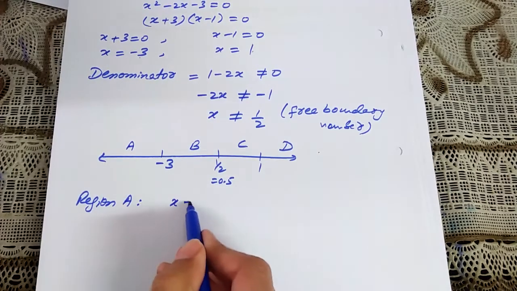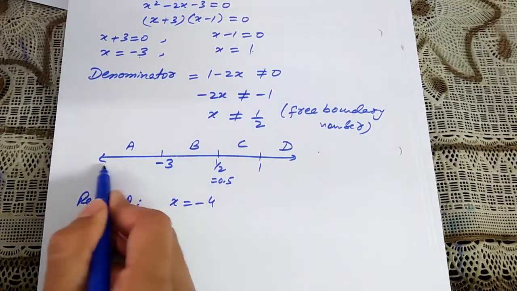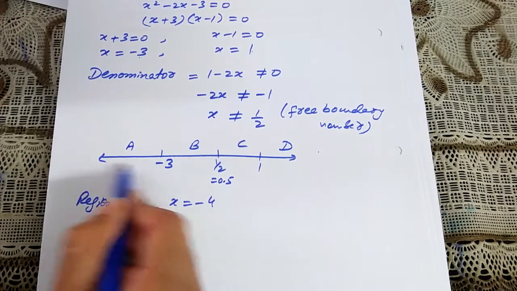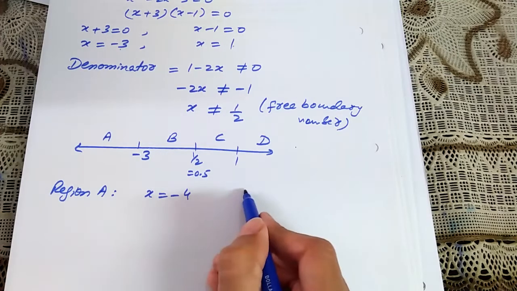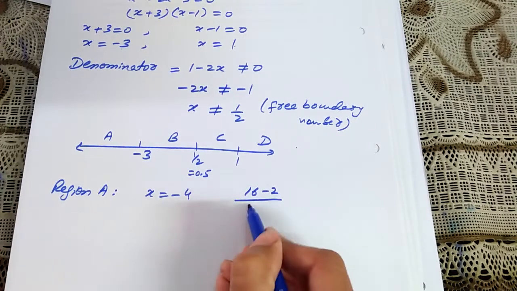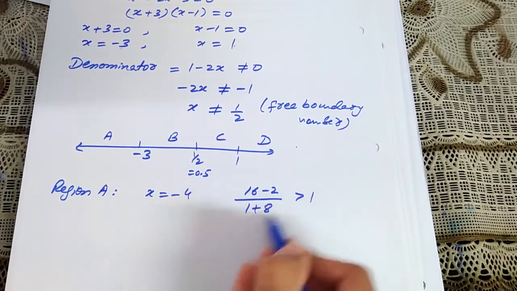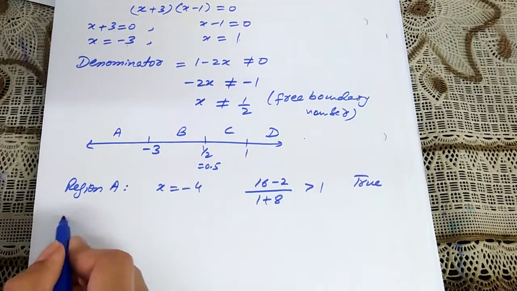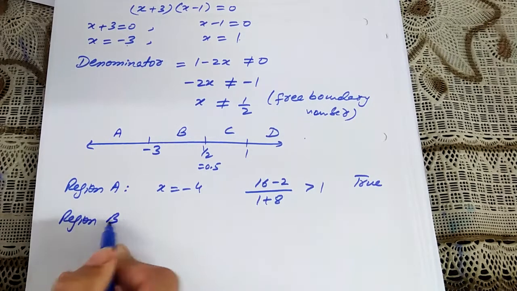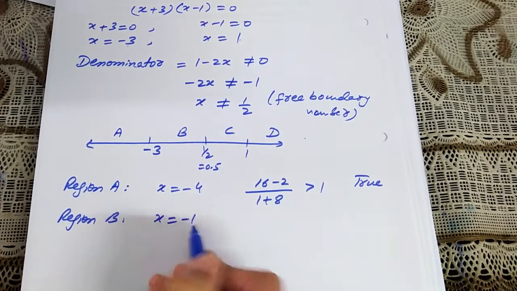let's suppose x = -4. On the left side of -3, take any value. Let's suppose x = -4. This will give us (16 + 8 - ...) that is, 16 - 2 over 1 + 8 is greater than 1. The answer is greater than 1. This is true. Now from region B, let x = -1.